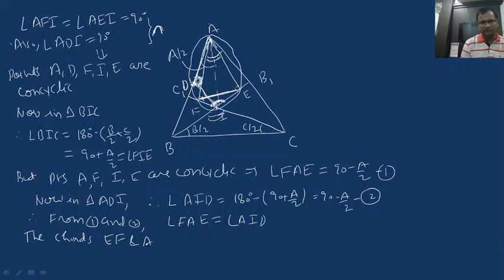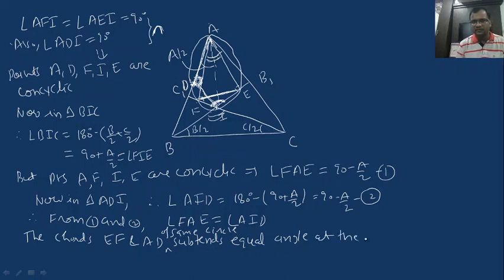EF and AD subtend equal angle. The chords EF and AD of the same circle subtend equal angle at the circumference of the circle.